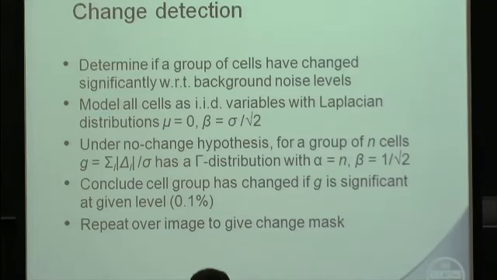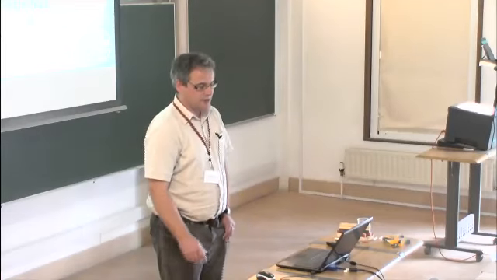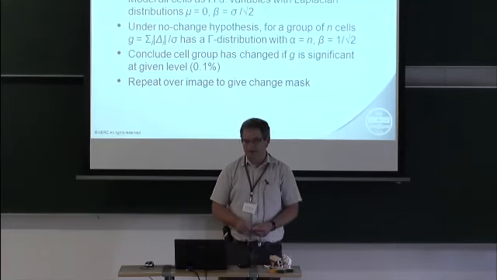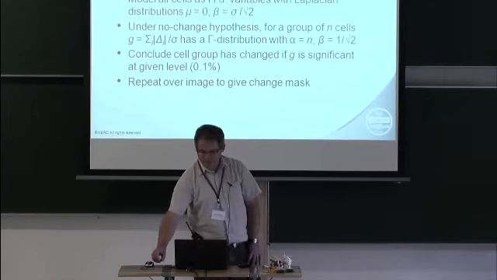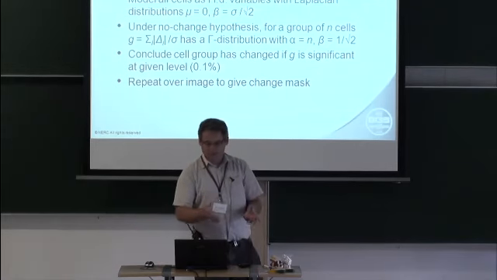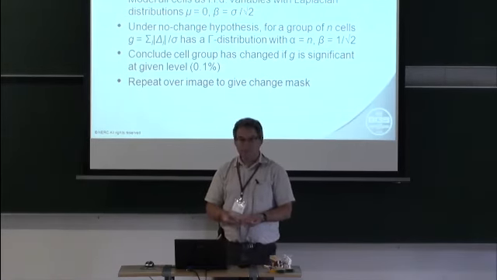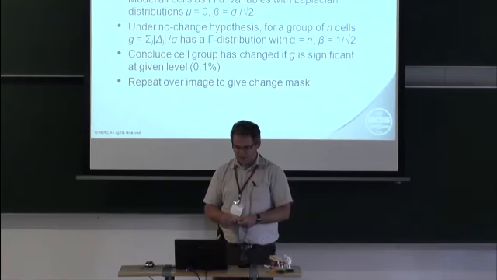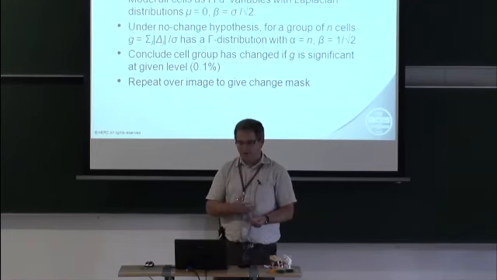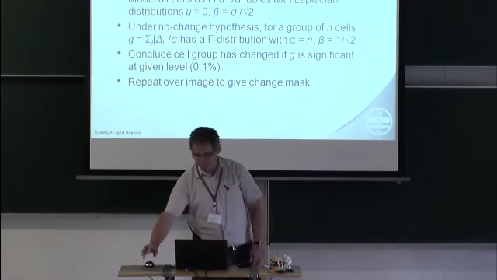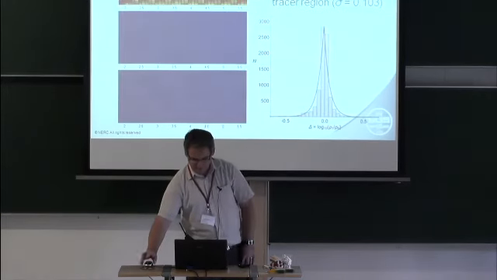Under the hypothesis that the group of cells hasn't changed, if you have n cells within the group, then the sum of the scaled absolute changes, scaled by the standard deviation of the noise, has a gamma distribution. It's got a shape parameter of alpha, and a scale parameter of 1 over root 2. So we conclude that a cell group has changed if this statistic is significant at a given confidence level. In our case, we're going to choose 0.1%. And we repeat over the whole image to give us our change mask.